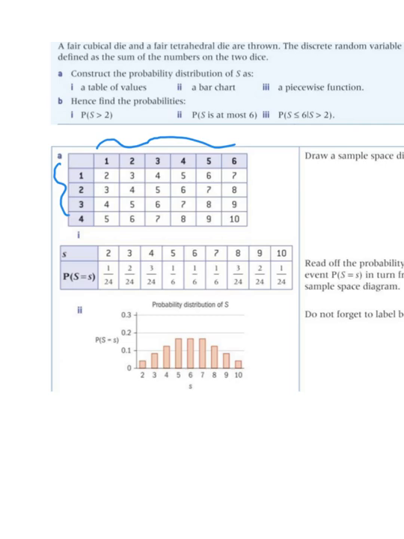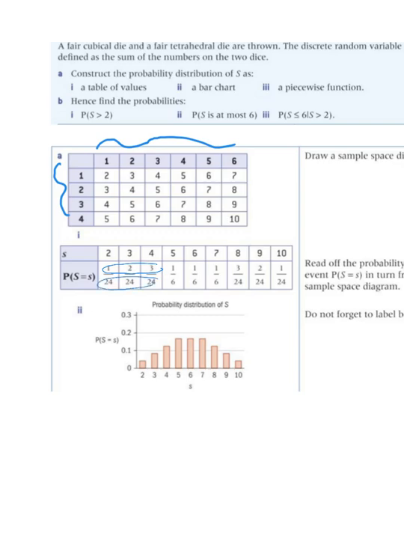So go ahead and try this on your own. You should notice a pattern between each of the different values within the domain. So for example, for the sums 2, 3, and 4, the numerators just increase by 1 each time, and the denominator stays 24.